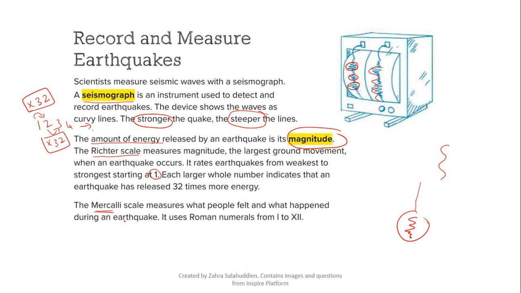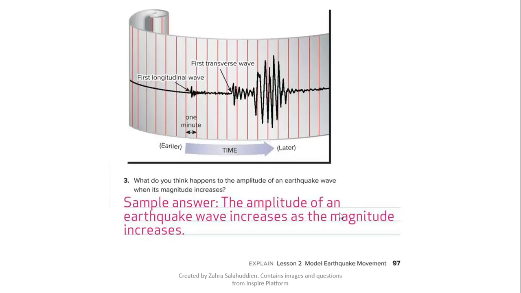The Mercalli scale, on the other hand, does not tell you about energy. It tells you about what people feel in the earthquake. And it uses Roman numerals. These are letters that look like this. And it tells us how they felt and what happened. So how many buildings were damaged, did it fall down, that kind of thing.